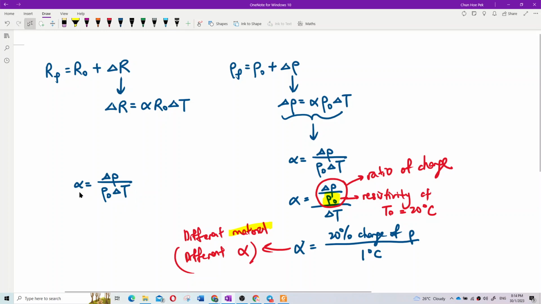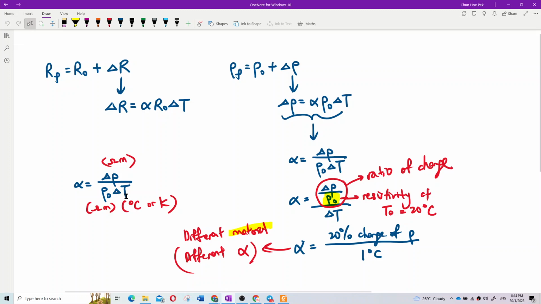Resistivity we know is ohm meter, right? And below here there is also ohm meter, and this temperature is either degree Celsius or Kelvin, because this is a change of temperature.